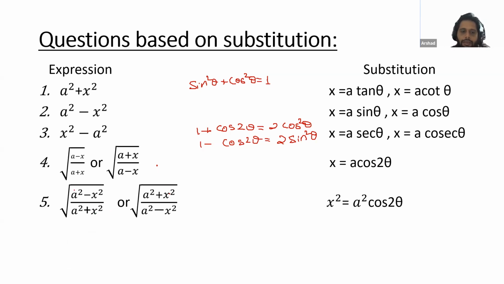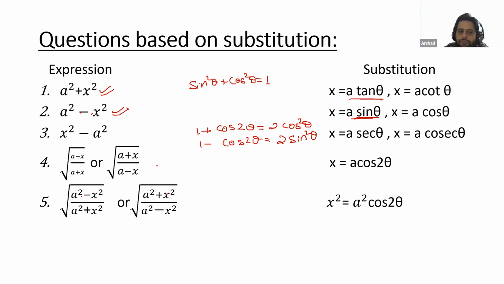Now if we have under root of a square minus x square by a square plus x square, then what is the problem here? In the numerator we have this expression, and in the denominator we have this expression. So we can't use a sine theta and we can't use a tan theta, because a square minus x square by a square plus x square, both expressions are there in the numerator and the denominator.